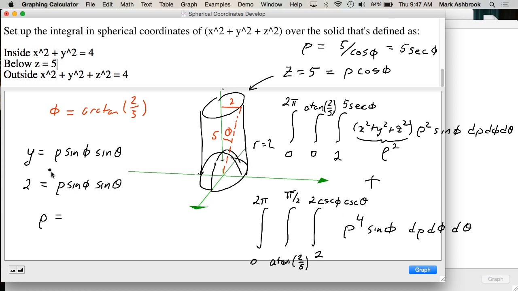So r equals 2 means that 2 equals rho cosine phi? It's just sine. Phi is here. It's just rho sine phi. But r is the adjacent angle to phi.